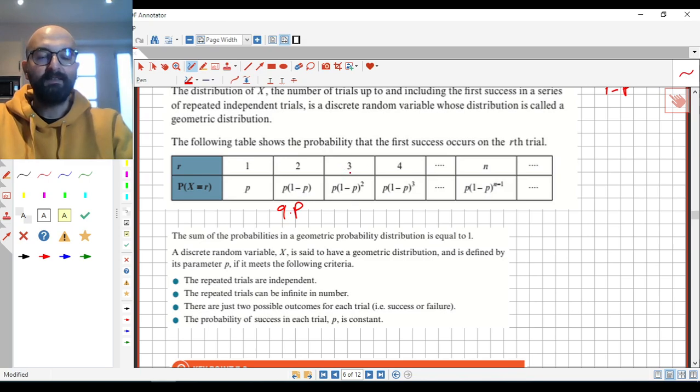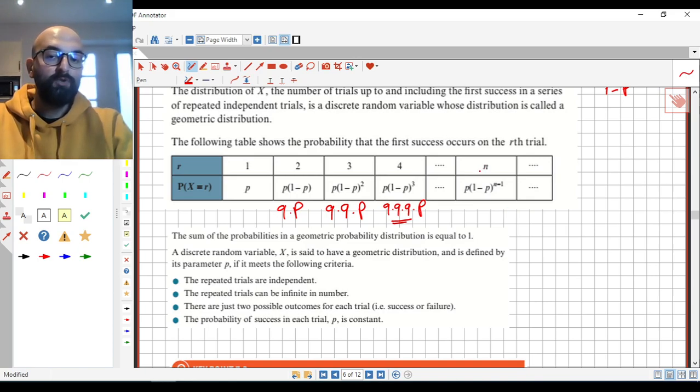If you want success in the third trial, the first one failure, the second one failure, and the third one success. For the fourth trial, the first one failure, the second one failure, the third one failure, and the fourth one has to be a success.